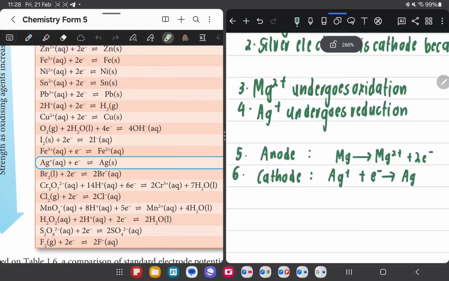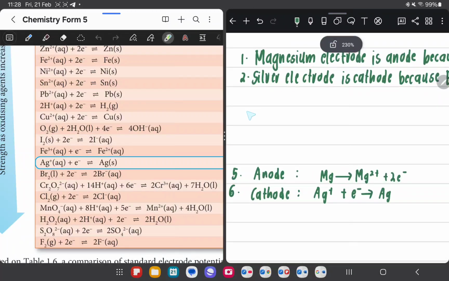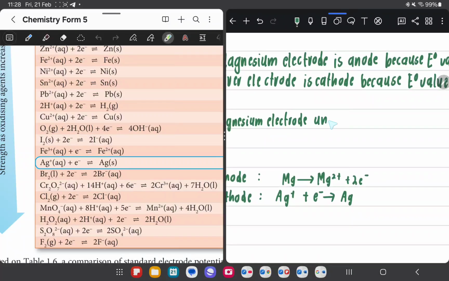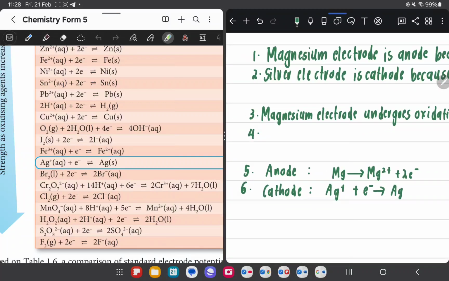For the statement above, let's say you don't want to mention the ion, you want to play safe. You can say it like this. I erase for you. You can say the magnesium electrode undergoes oxidation, and for the silver electrode, which one undergoes reduction?